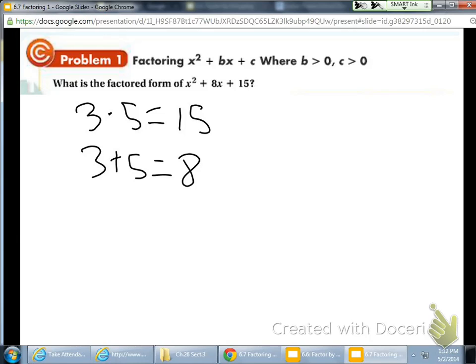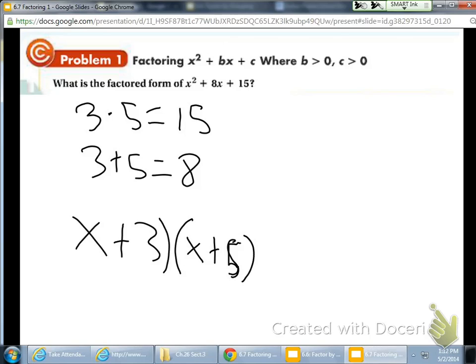So you have the c and the b, and then if we find the square root of that, that would just be x, so it would be x plus 3 and x plus 5. Very good. All right.